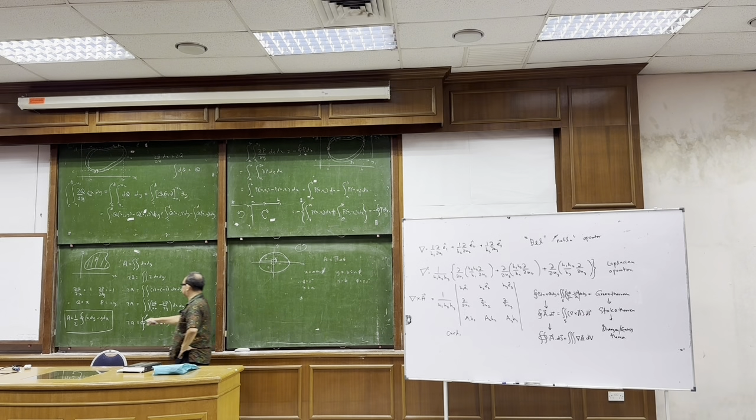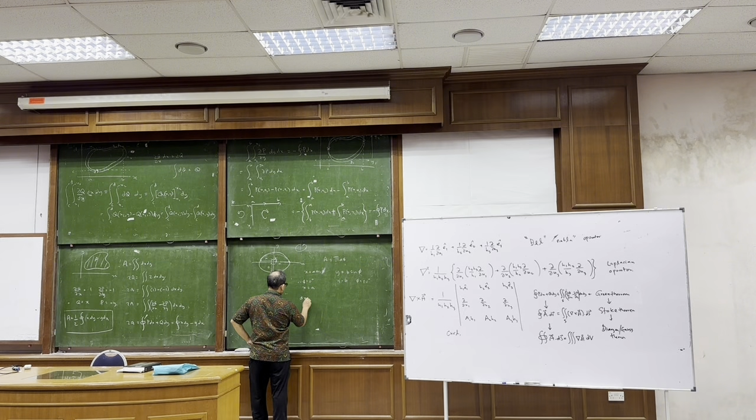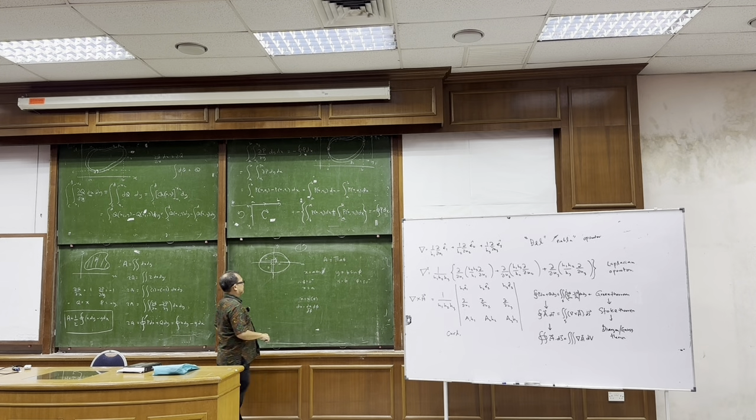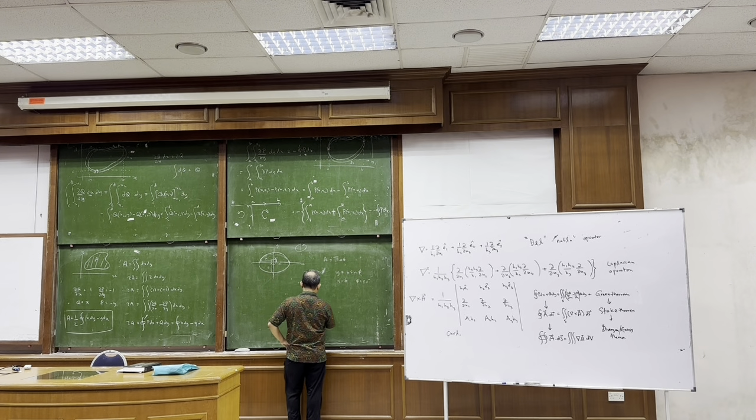X is a function of phi, so by the chain rule dx is dx by d phi times d phi, which is negative a sine phi d phi.